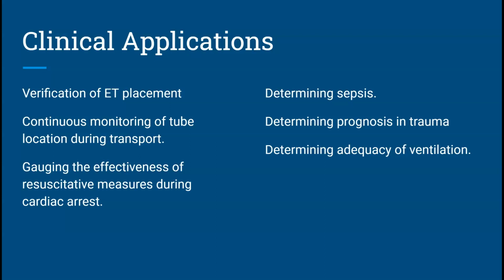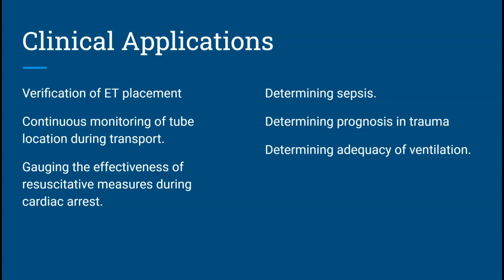Determining sepsis and trauma, you'll have different waveforms, right? So if you have a trauma patient who's got a really poor waveform, they're going to have a worse prognosis than someone who has a really good waveform, right? They're not compensating well. They're potentially extremely hypotensive, right? And those patients are the ones who don't do the best. Same thing with sepsis, right?